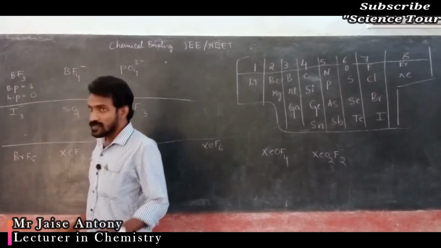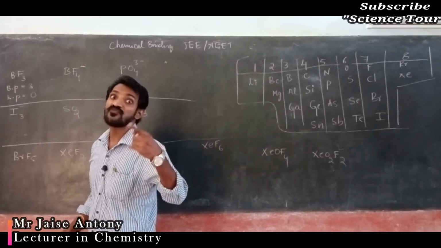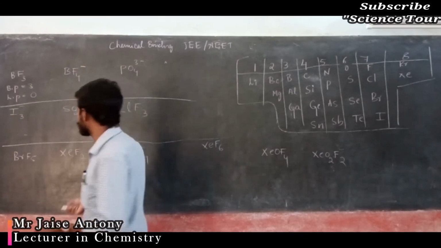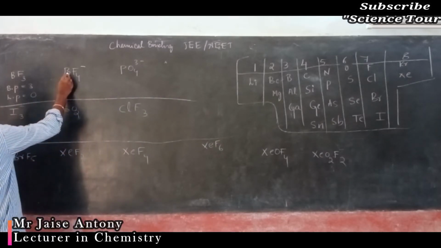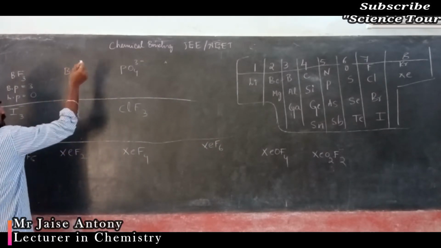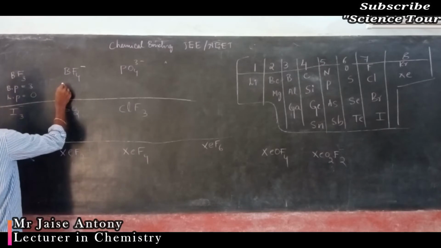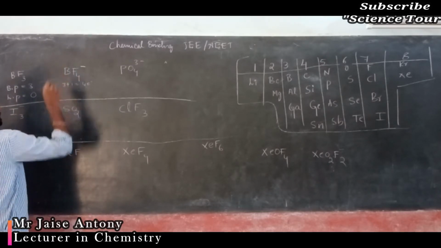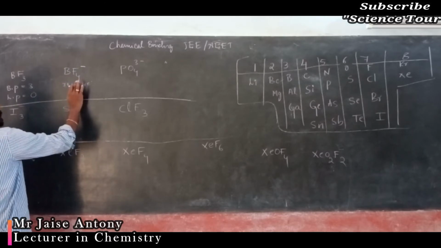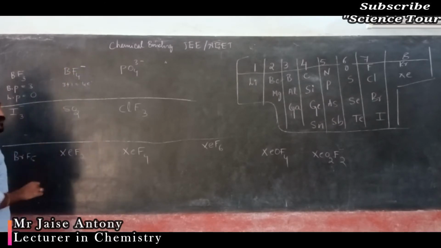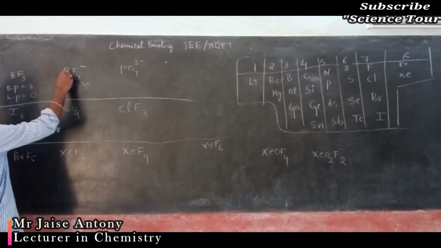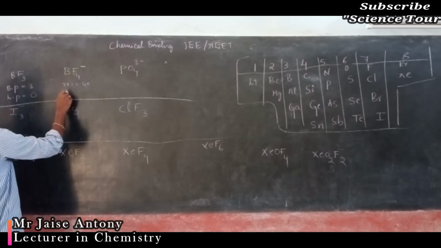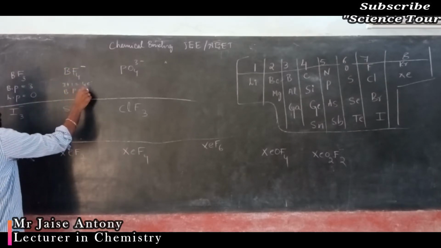Minus charge means 3 plus 1, total 4 electrons. 3 valency electrons of boron, and the extra minus 1 you have to add. So 4 electrons in this case. It forms 4 bonds with the 4 fluorine atoms. So bond pair is 4. Understood?